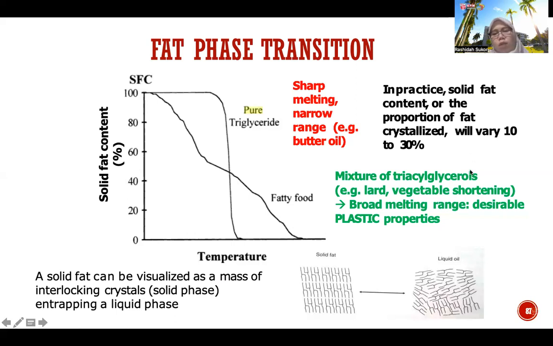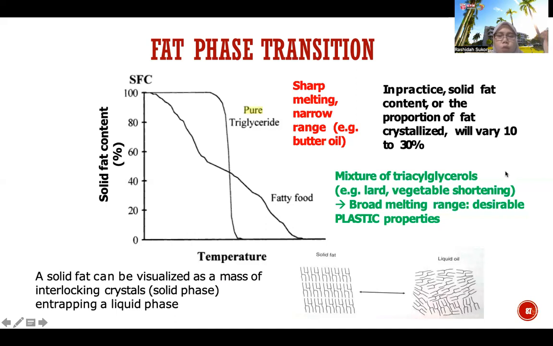It also depends on what percentage of fat is in the vegetable shortening versus lard. Some people who are already used to lard in making pie crust will not change to vegetable shortening. But in terms of halal and kosher, many cannot use lard, so most food manufacturers will change to vegetable shortening.